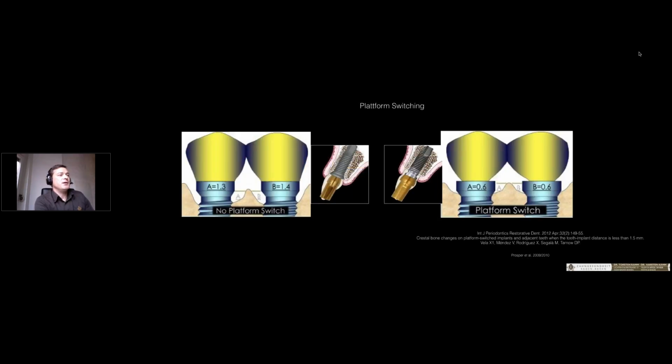There's another thing: if you're using a tripe-eye implant, you get better performance if you make a platform switching. In my opinion, if you're using a tree implant, we always have a platform switching, because this is a totally different implant design, and we have a platform switching built inside the design of the implant. So we get the same results as in the study.